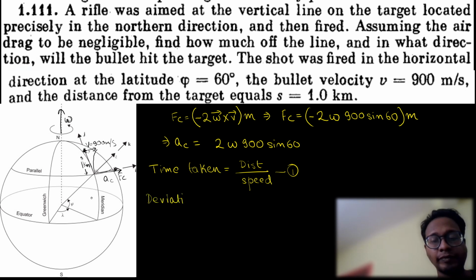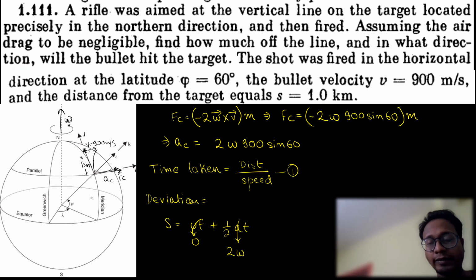So deviation is equal to, I'm simply applying the formula, S equals ut plus half at square. u is equal to 0, the initial component of velocity along x-axis is 0. The Coriolis component of acceleration is nothing but 2 omega into 900, or velocity, into sine phi.